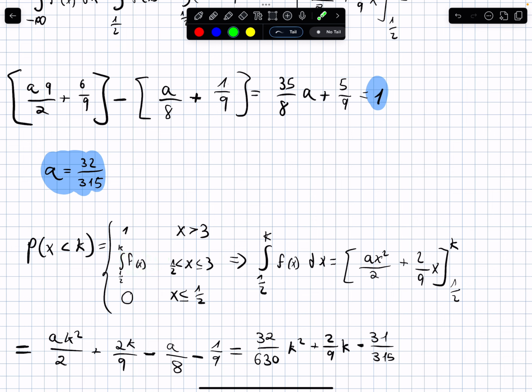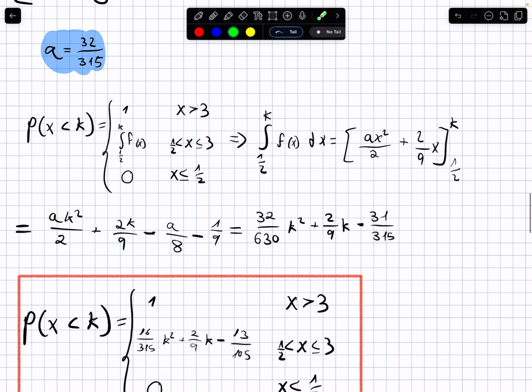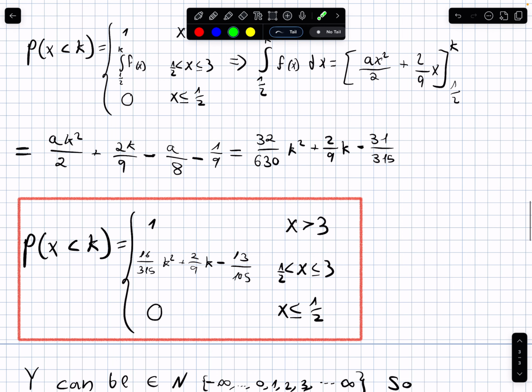I forgot to add the dx. Anyway, now I just integrate this part because this is the hard part. I put everything inside, and I kept a as a variable to make it easier, and then I put in the actual value. What we get is eventually this function.